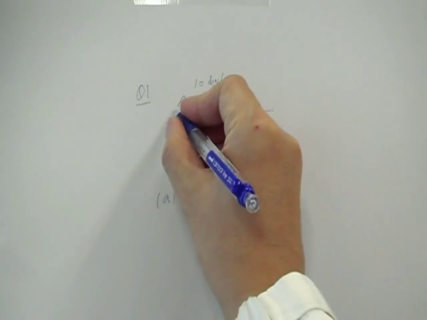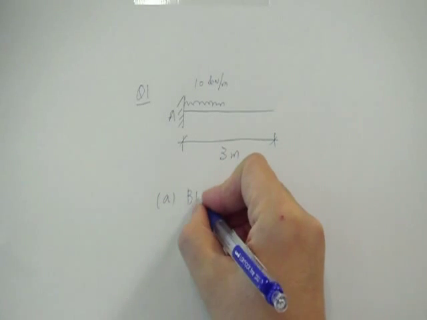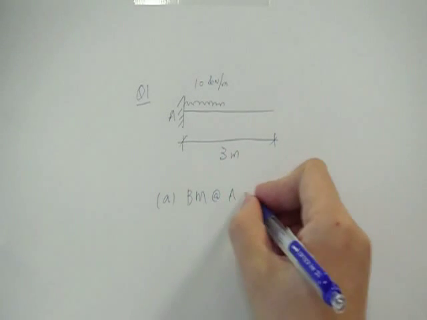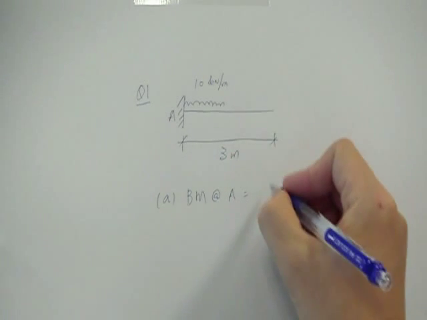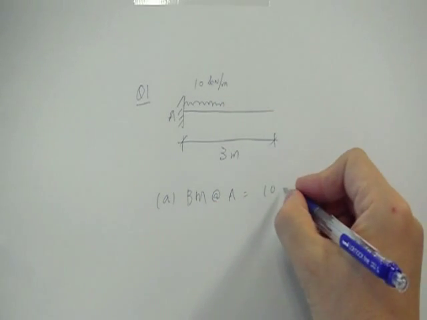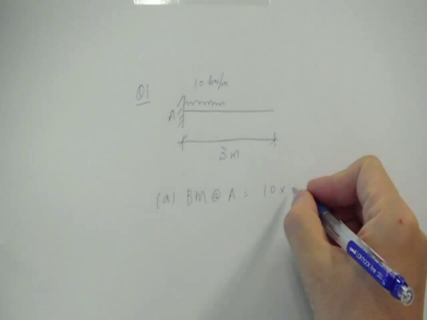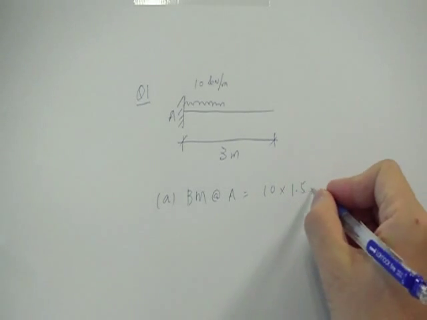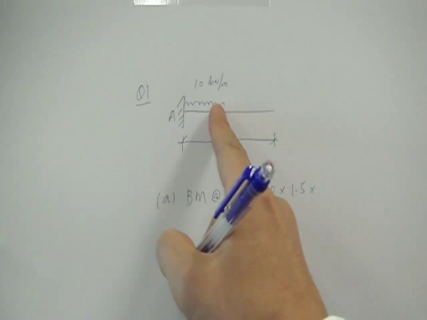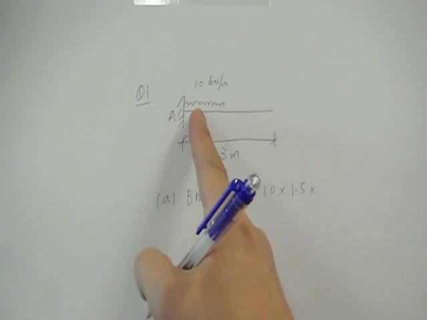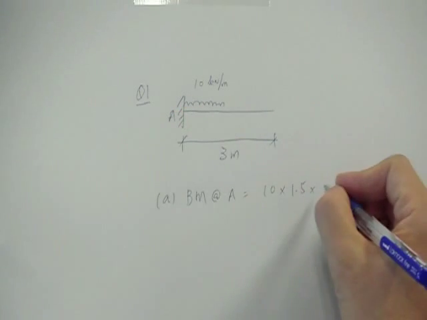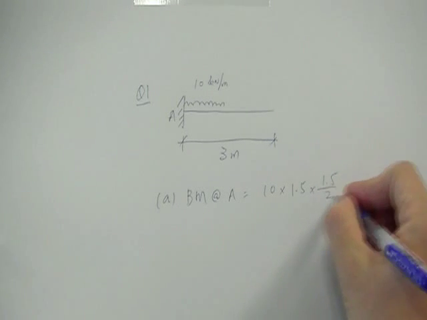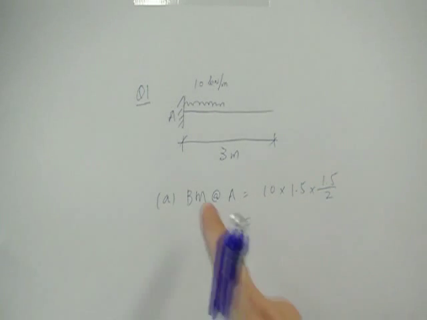So part A, let's say this is point A. The bending moment at A is simply equal to 10 kilonewton per meter times the length of the loading, so that's 1.5, times the total load is acting at the center of the loading, which is at a distance of 0.75 meters from A, so that's times 1.5 divided by 2, and that will be the bending moment at point A due to the impulse load.